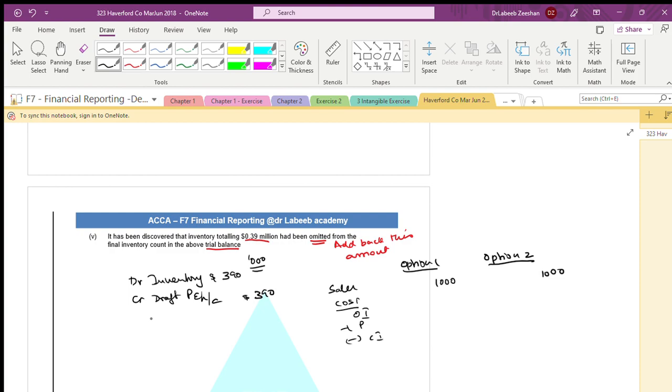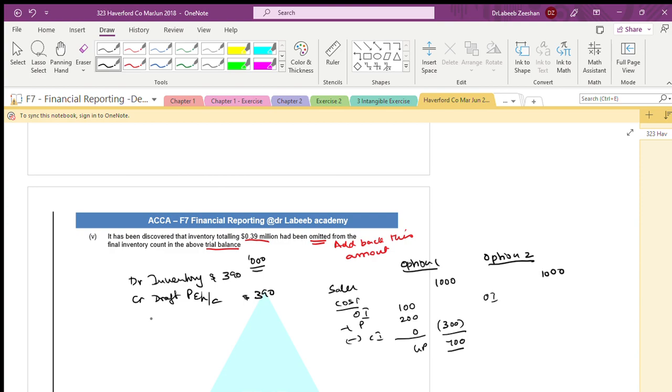Assume opening inventory is 100, purchases is 200, and closing inventory is 0, as we have omitted it. The cost of sales is 300. Gross profit is 700.